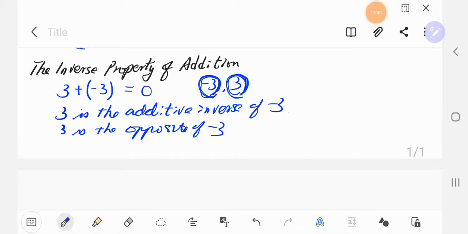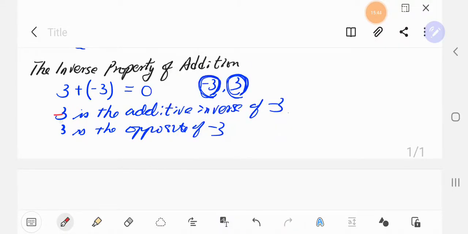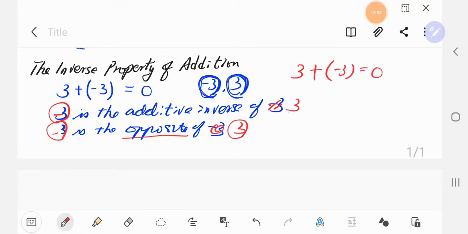So how about -3? If a number is -3, then -3 is the additive inverse of what? +3. And -3 is the opposite of what? 3, right? The opposite of a number means change the sign. So when you add a number and its opposite or additive inverse, which has a different sign, then the result is 0. This is a really important concept.